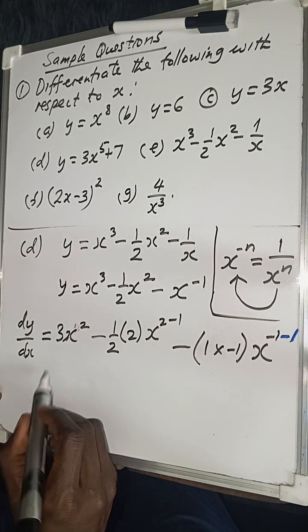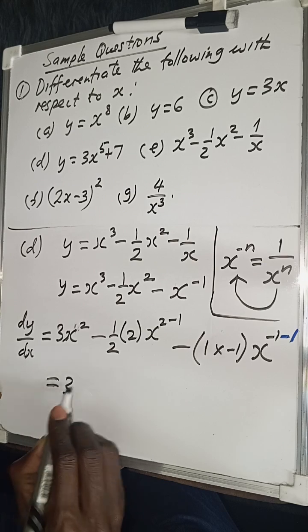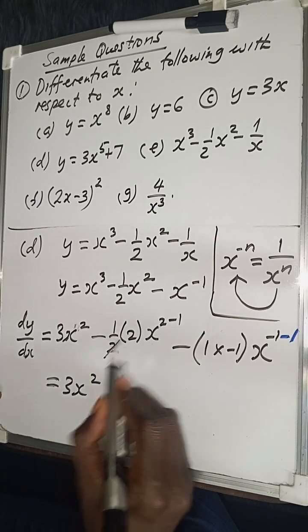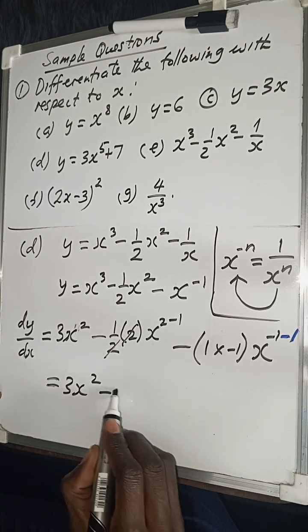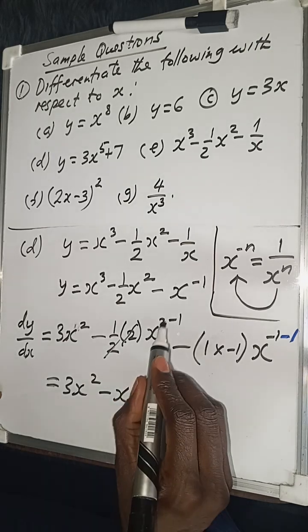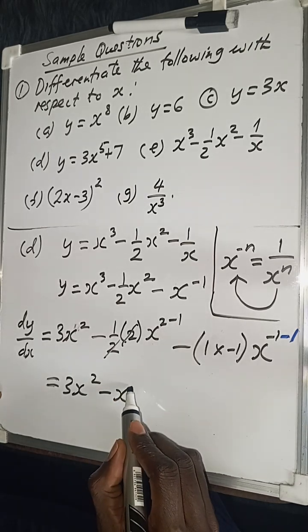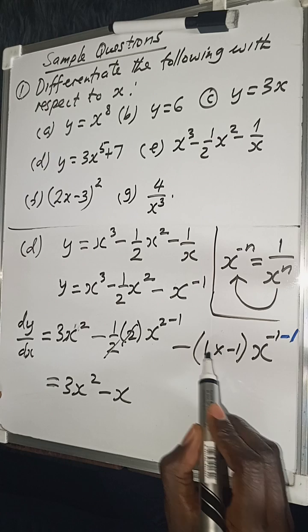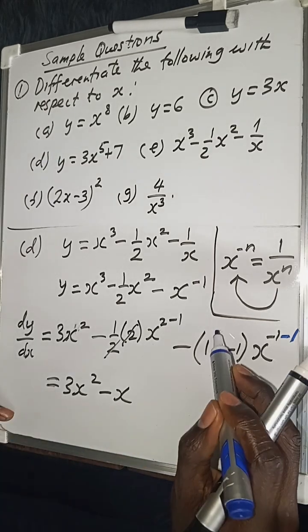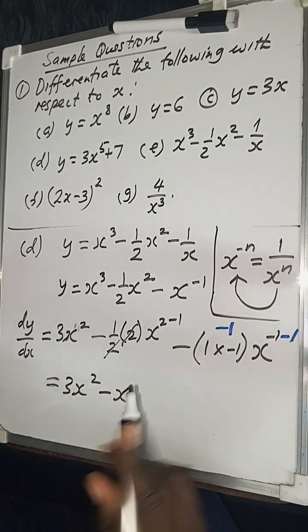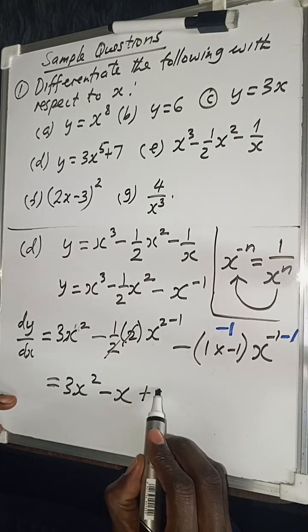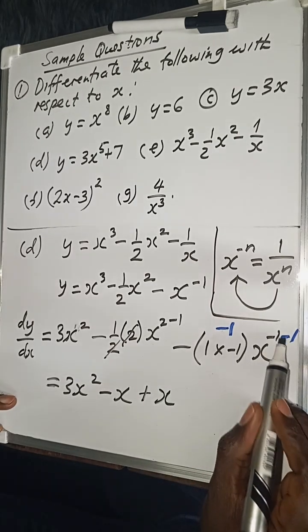So how is that going to be? It will be 3x squared. So this and that will cancel. You're going to remain with minus, 2 minus 1 will just give you 1. So that would be 1 times 1, which is simply a negative 1. Negative times negative will give you a positive. That would be x to the power negative 1 minus 1.